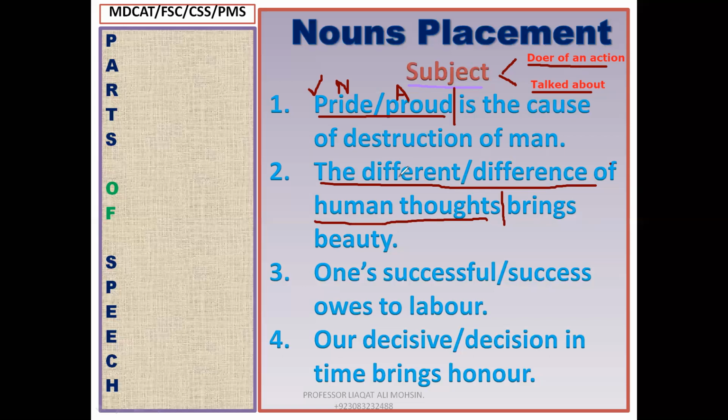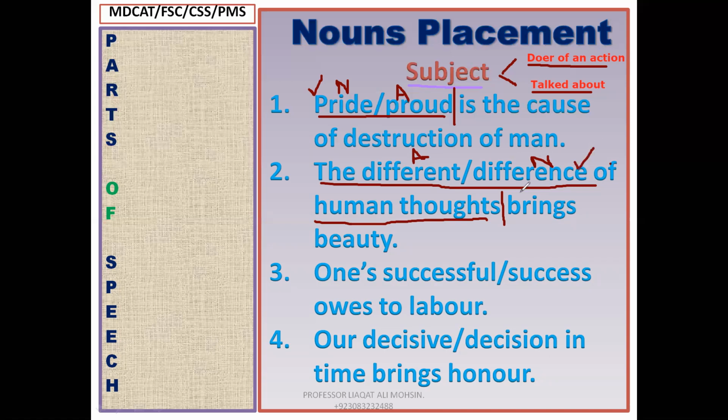Whether different will be used or difference will be used. Now find out what the different categories are. Different is an adjective, and difference is the noun. What does it manifest? You will come to the conclusion that difference will be used.